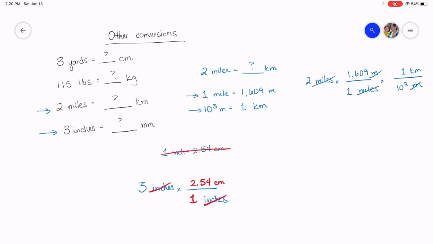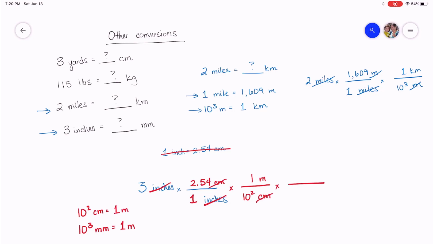So what I need to do now is figure out if I can go from centimeters to millimeters. So I'm going to set up a couple other conversions off to the side now that I'm here. And let's see if I can invoke these and get to millimeters. So now I'm going to add in a multiplication sign, a line, put centimeters on the bottom. That will allow me to use the first conversion, and centimeters cancel out.